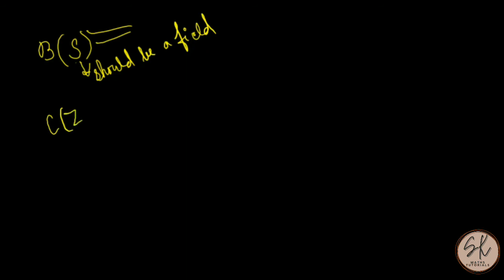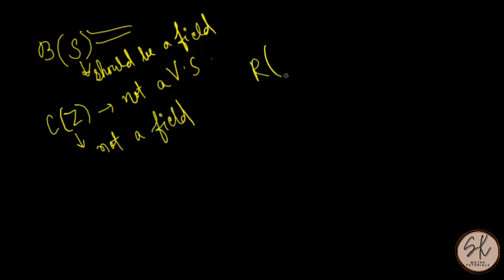For example, C over Z is not a vector space because Z is not a field. Similarly, R over Q^c, where Q^c is the set of irrational numbers, is also not a field, so this is not a vector space.